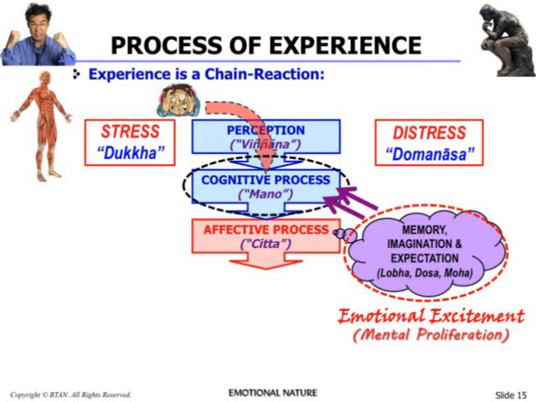This wanting more of something pleasurable, or wanting to get rid of something unpleasant, that is lobha and dosa. And clinging on to it, every experience, I am experiencing this, the delusion that there is a self that is experiencing it, that is moha. So lobha, dosa and moha arise from memory, imagination, expectations, because the emotional mind, chitta, was disturbed by feelings, the feeling of the bodily sensations, whether pleasant or unpleasant.